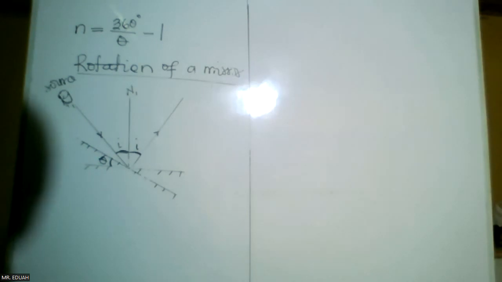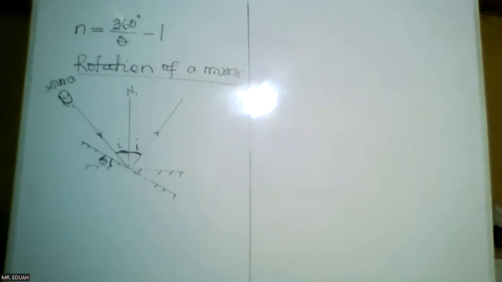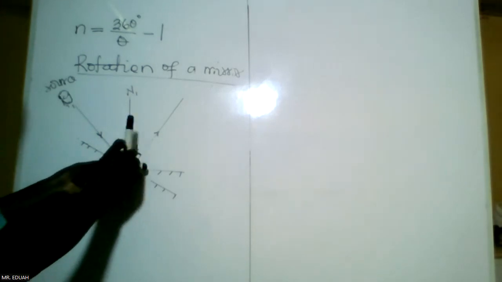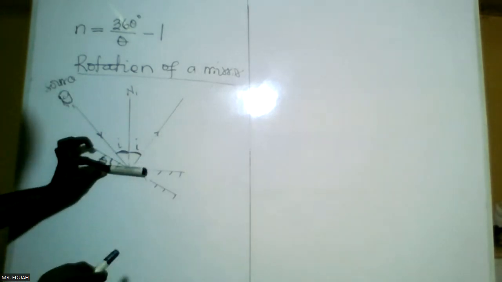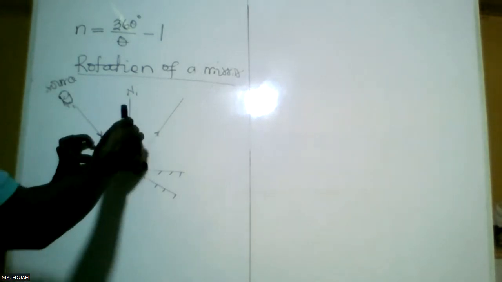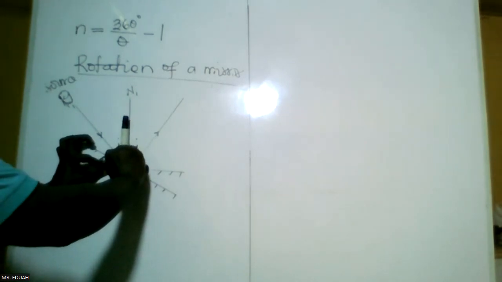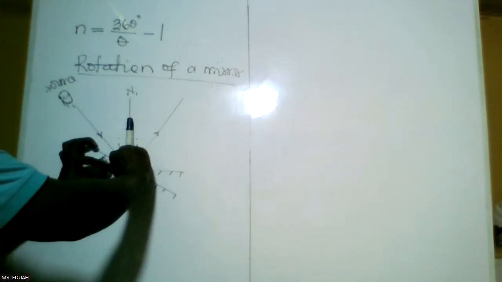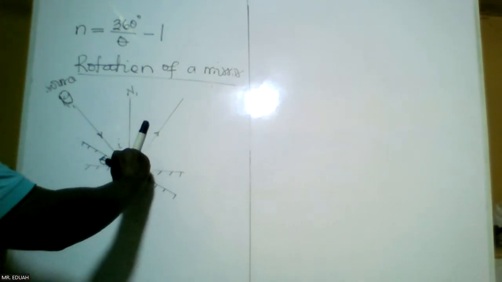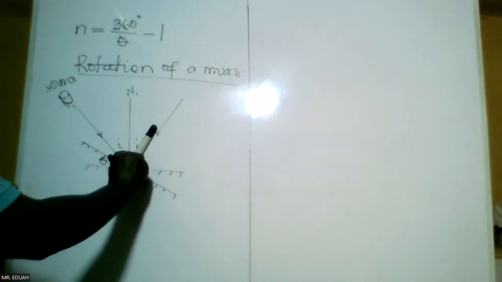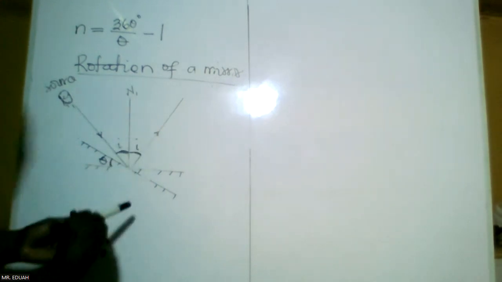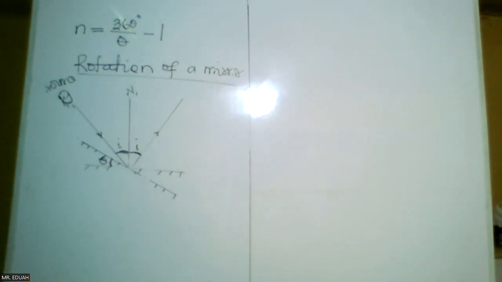Right. The normal position of the mirror changed. So I'm taking it again. This is the old position of the mirror. This is the normal N1. As I rotate the mirror through an angle theta, you realize that the normal position also changes.